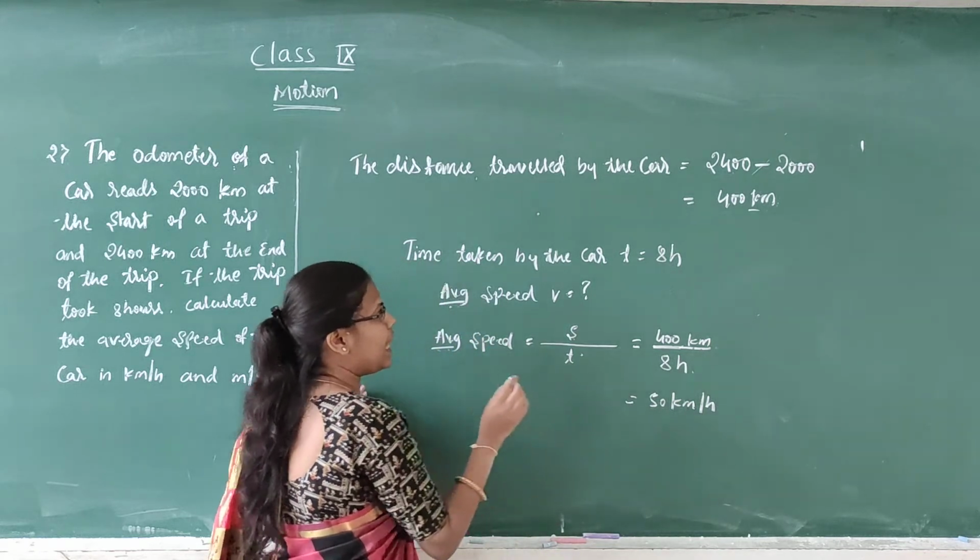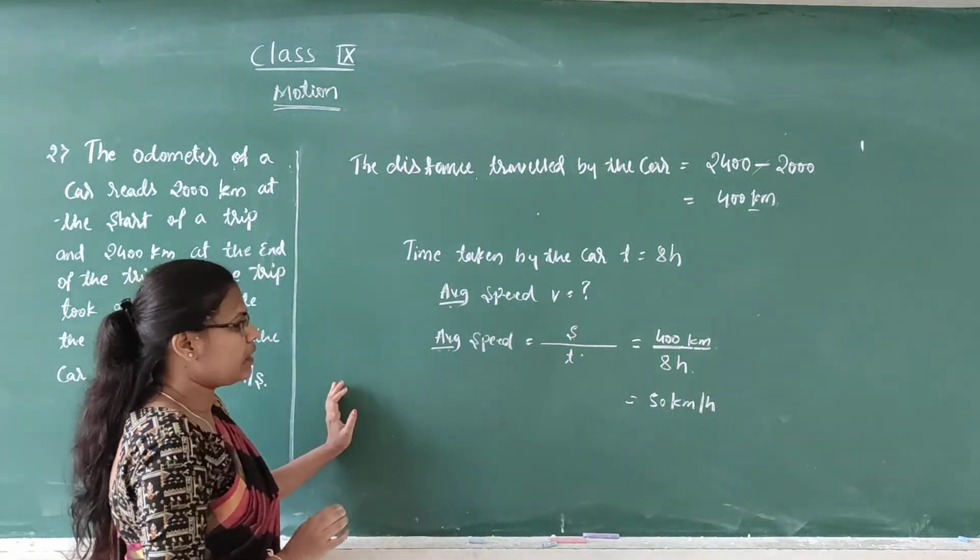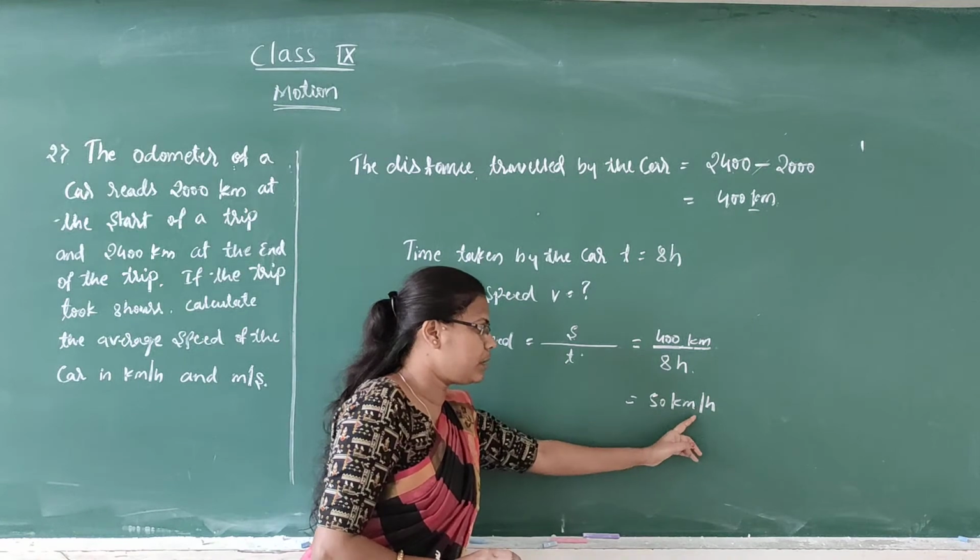So the average speed of the car is 50 kilometer per hour.